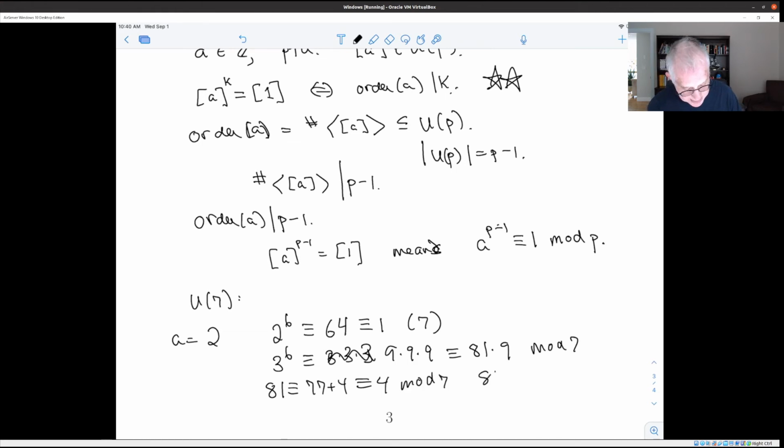So 81 times 9 is congruent to 4 times 9, which is 36 mod 7. But 36 is congruent to 1 mod 7, because 35 is a multiple of 7. And if you're still skeptical, you can do a few more examples and see that this always works out.